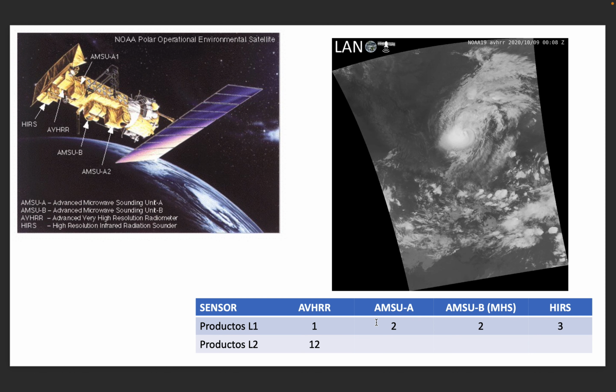So, level 1 products in AVHRR, AMSU-A, 2 products, AMSU-B, 2, and HIRS, 3, and AVHRR. AVHRR 12 level 2 products.